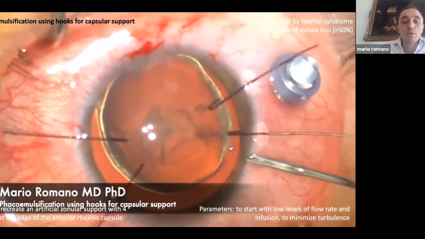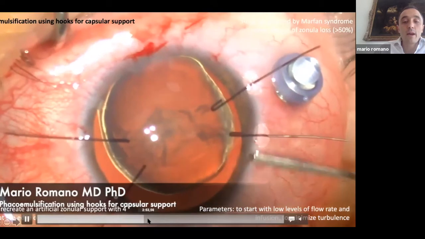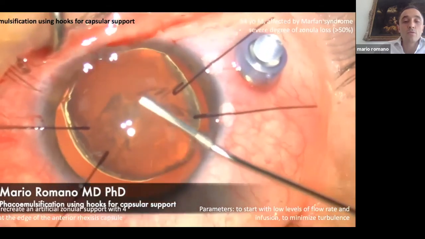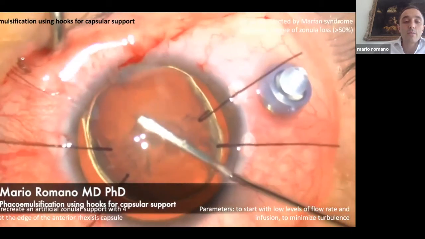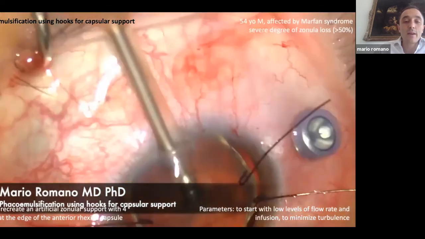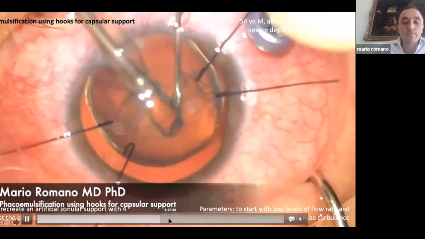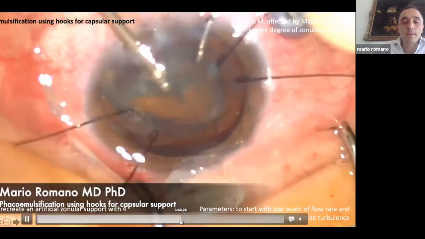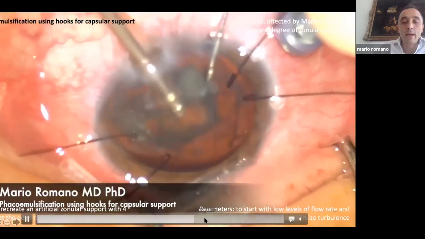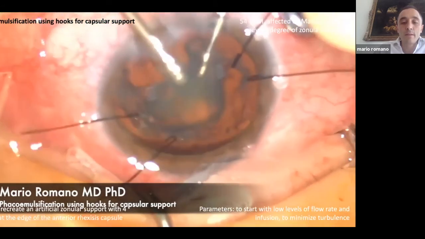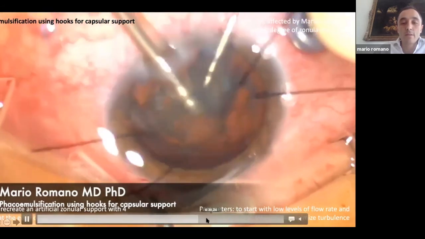You can see also the ring of the hydrodissection, and I was also doing the hydrodissection from the other side, okay? And then phacoemulsification, and okay, flipping the nucleus.